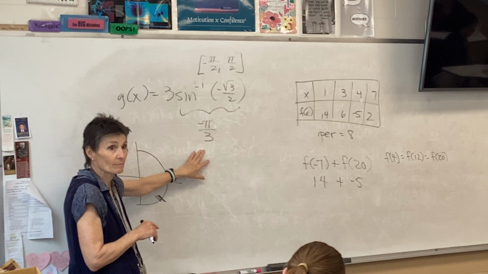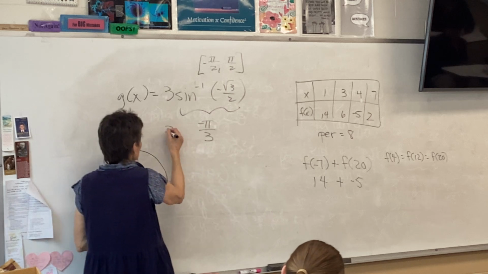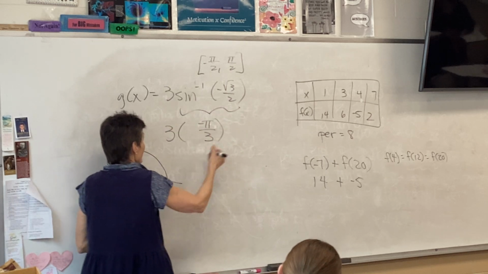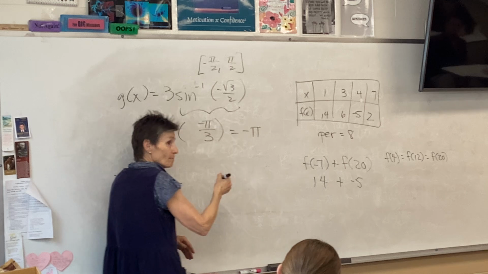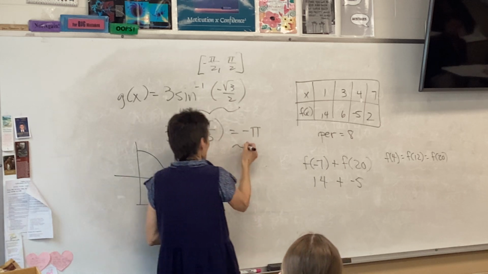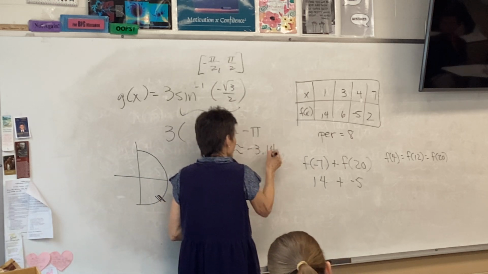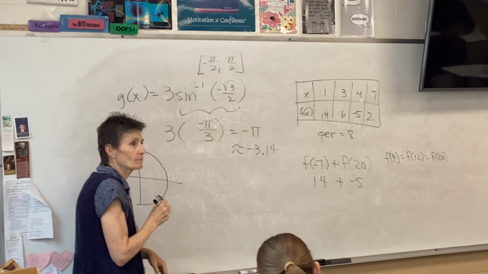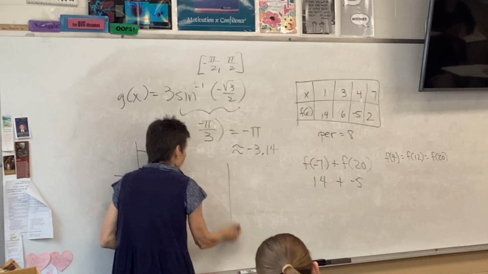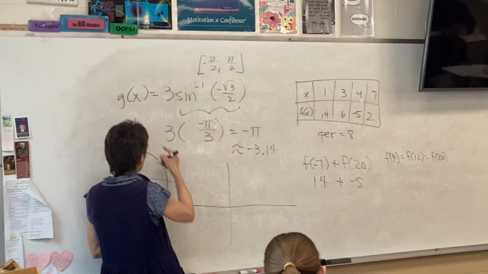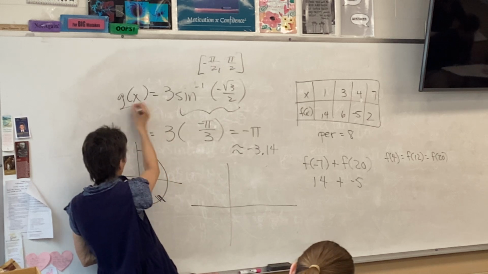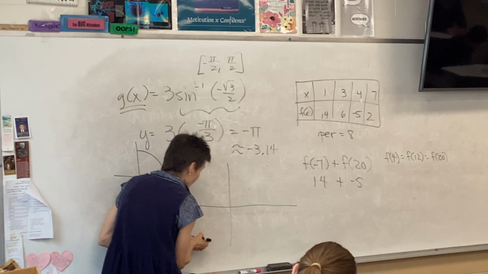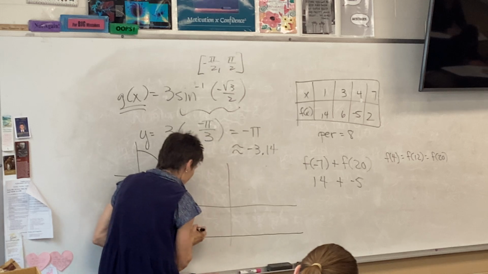Okay, guys? So we've got 3 times -pi/3, so we get -pi, which is about -3.14. So look at your graph, and that's a y value. So -3.14 is down here on your graph.